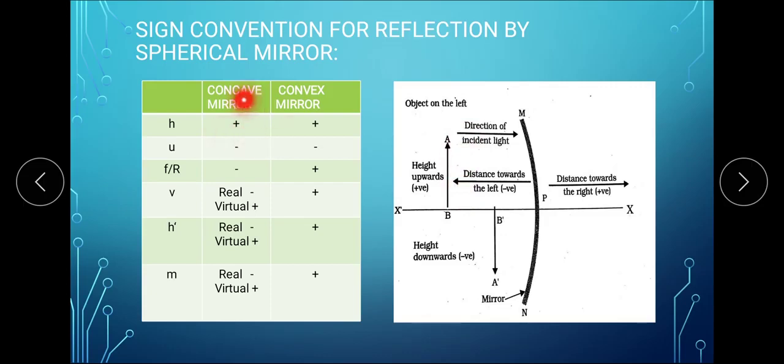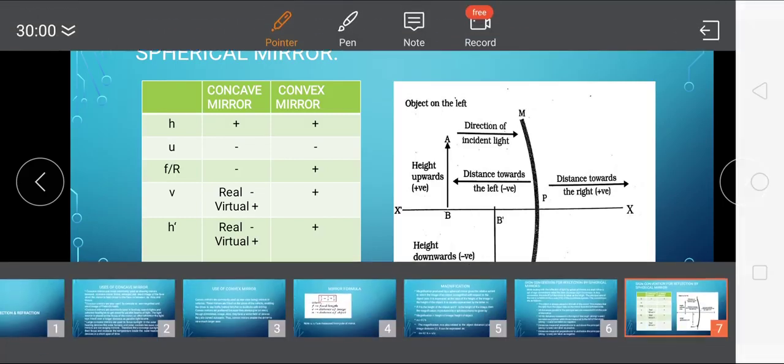So your height of object is always positive, and the object is always kept on the left side of the mirror, right? The object is always kept on the left side of the mirror, therefore u is always negative.